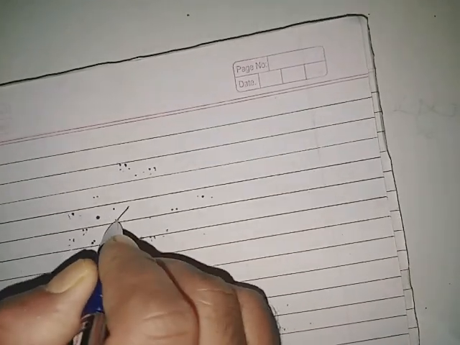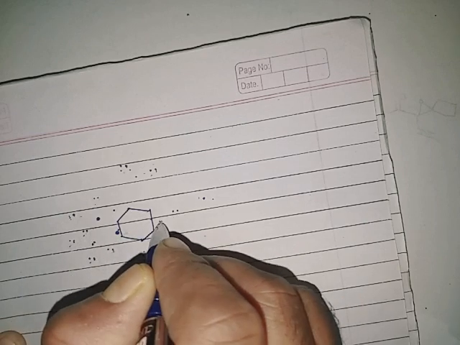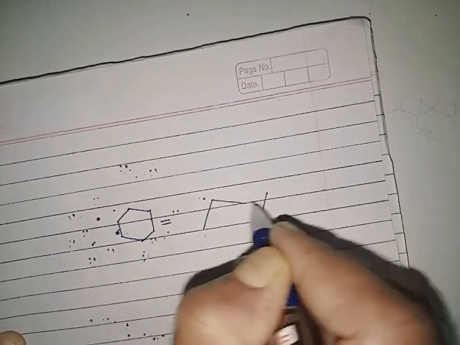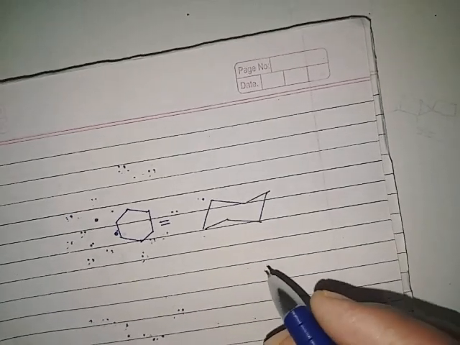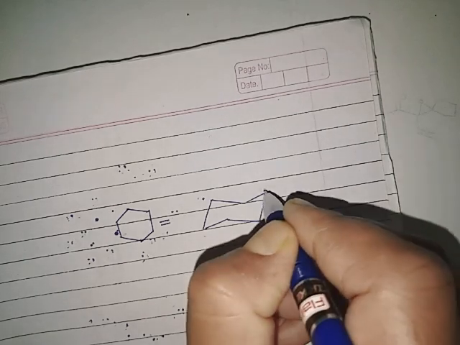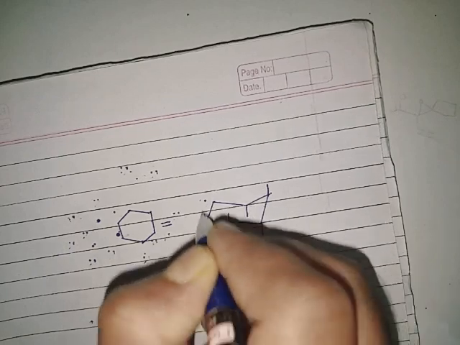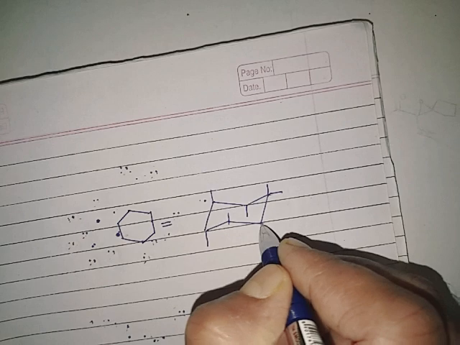In case of cyclohexane, though the structure looks like benzene, the actual structure of cyclohexane is the chair form. And we have axial protons as well as equatorial protons.